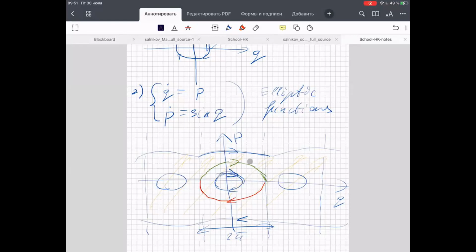Then at some point, I will cross my separatrix, right? There will be a time step when I cross and I exit the compact region. And then my qualitative picture kind of collapses. I was oscillating and now I start rotating.